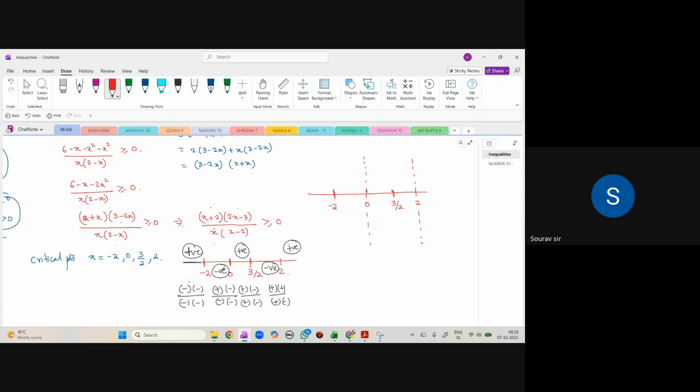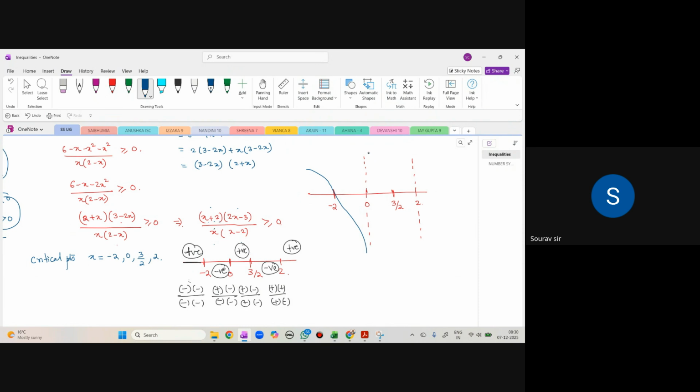Now, what actually happens here? So, let's start with x equal to -2. At x equal to -2, x plus 2 becomes 0. So, the curve was positive here, negative here. So, here it goes like this. And as soon as I cross 0, it should become positive.